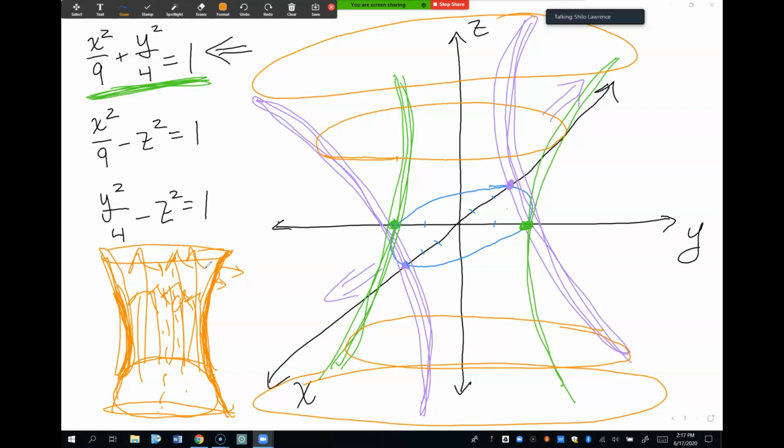So the traces here are an ellipse and some hyperbolas. This guy has a weird name. It doesn't have ellipse in it anywhere, but it does have hyperbola in there, and this is called a hyperboloid of one sheet.